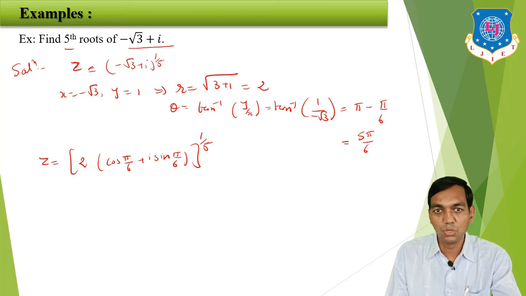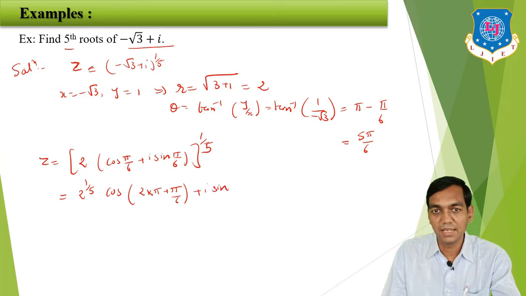But you have to find out the nth root. So we are going to replace the argument with the general argument. So here we are replacing it with (cos (2k pi plus 5 pi by 6) plus i sin (2k pi plus 5 pi by 6)) whole raised to 1 upon 5.